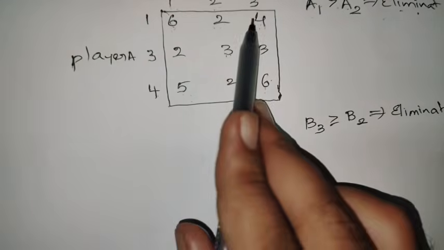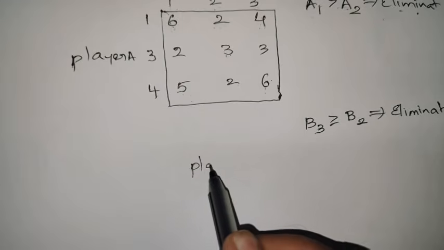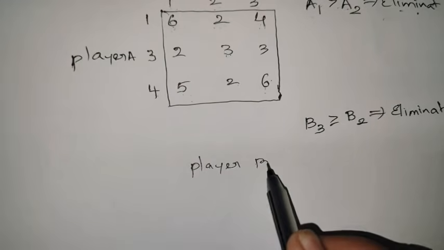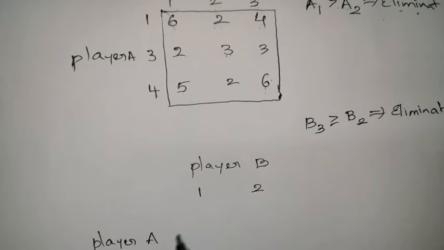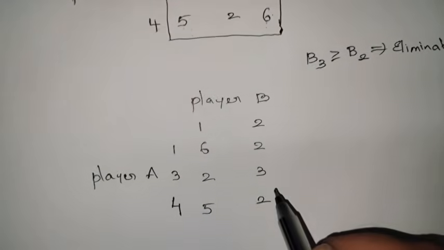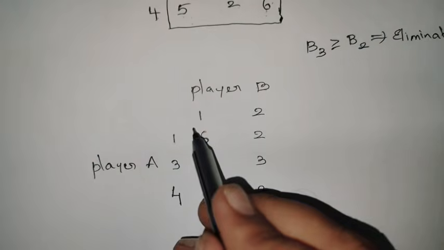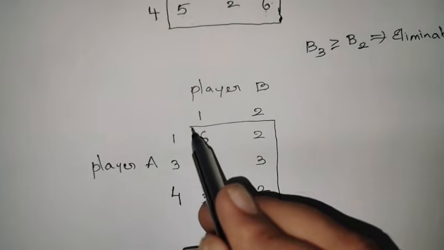We are eliminating B3. So for player B, we have only 1, 2. And for player A, 1, 3, 4. Then write the payoff values 6, 2, 2, 3, 5, 2. So now this is the reduced payoff matrix.